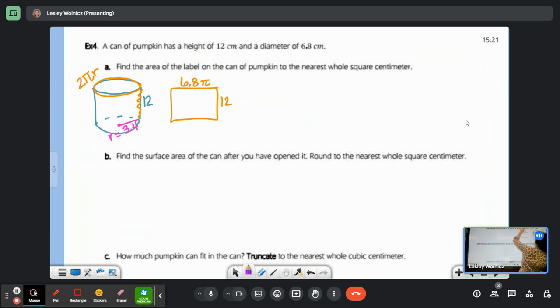So if I just want the label, this is my lateral area only. So I'm doing 6.8 pi times 12. Okay, we're rounding to the nearest whole square centimeter.